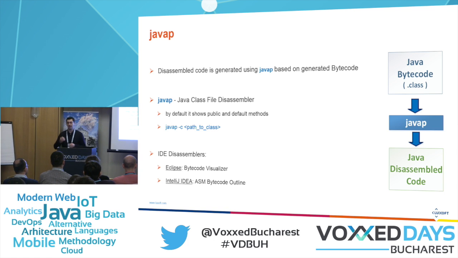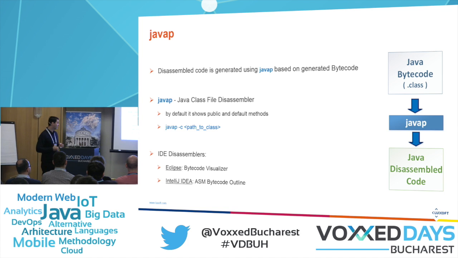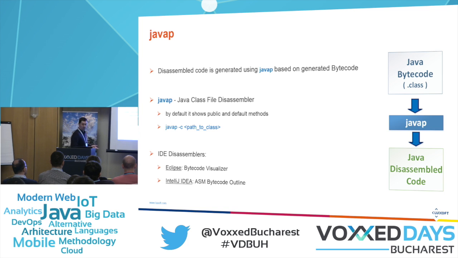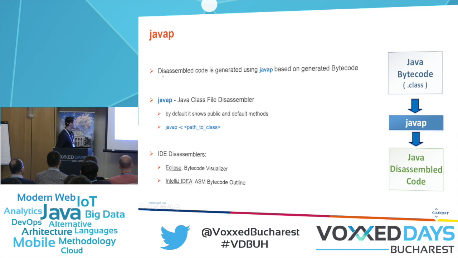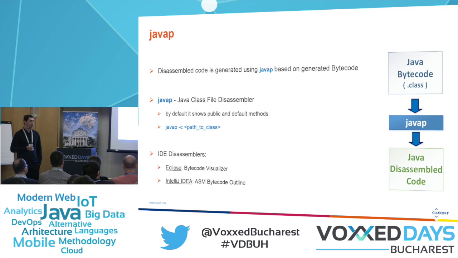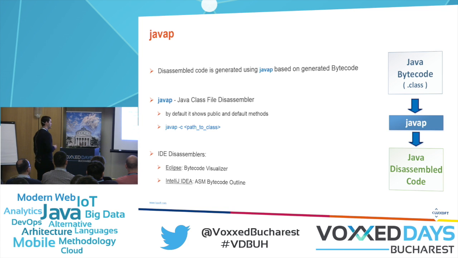I can analyze the bytecode, and so forth. The JDK provides the javap tool by default, which is quite an interesting one. By default, it shows only public and default methods, without private. If you are interested in disassembling all the private methods, you have to use -p.